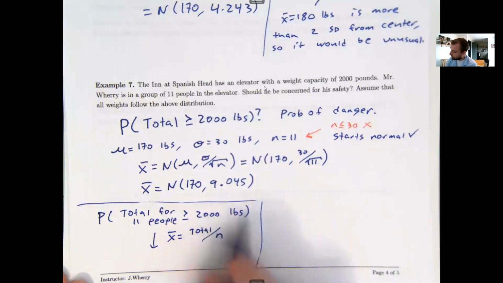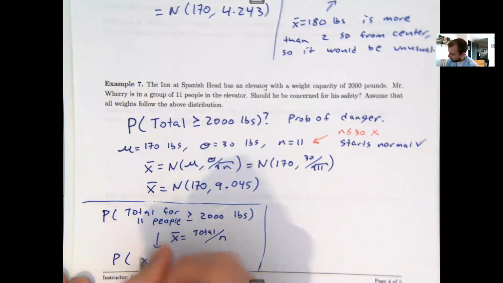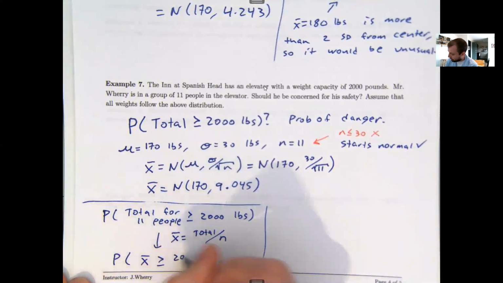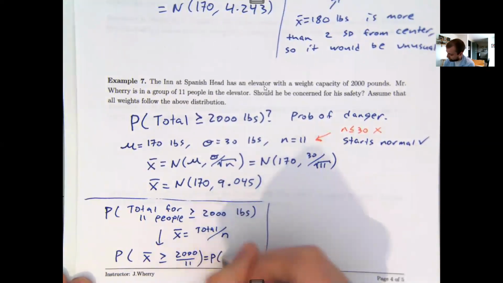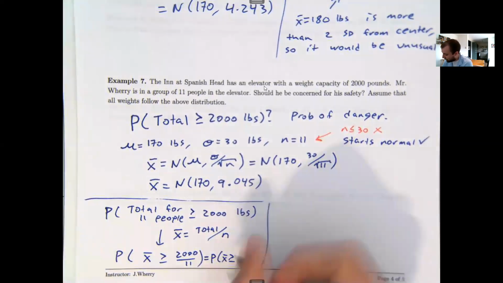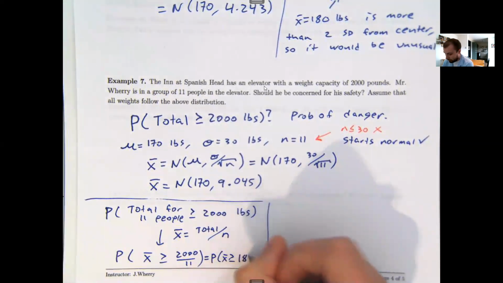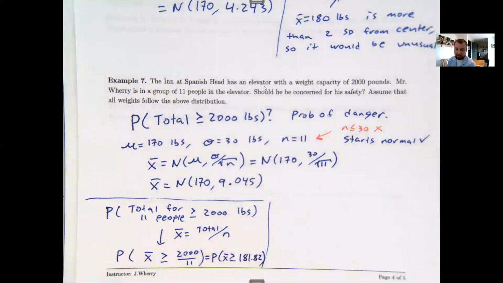So let's take this 2,000 number and divide that value by 11, the number of people. So I got 2,000 over 11. This gives me 181.82.